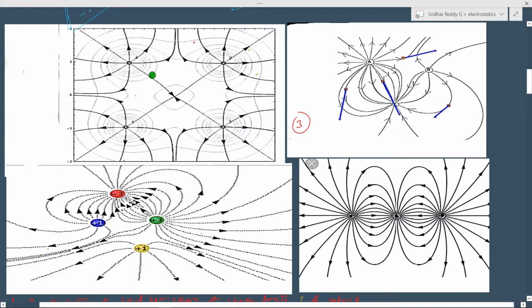I think you are able to understand. So these are lines of force. The green color lines are for one point charge, I'll show it. Like this, for individual point charges, we can draw them. So if 4 identical point charges are kept at corners of a square, then this will be the lines of force.